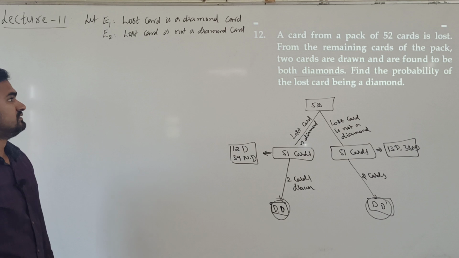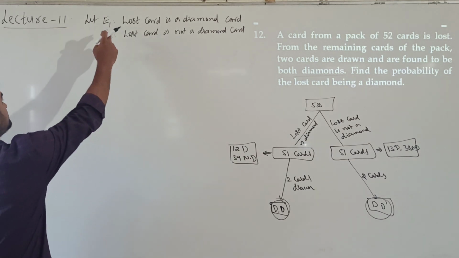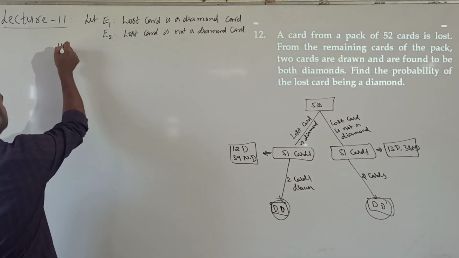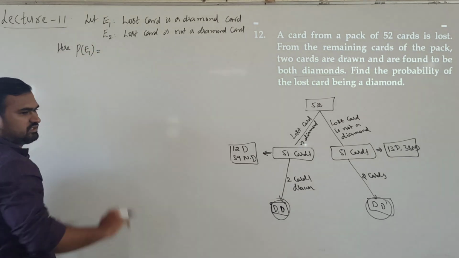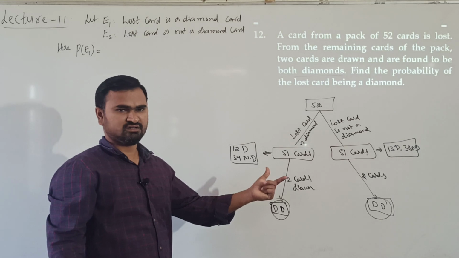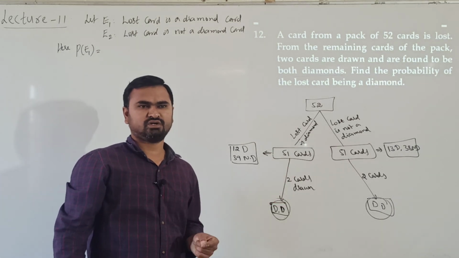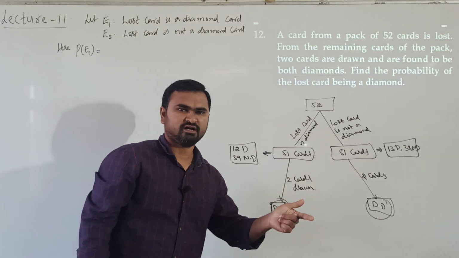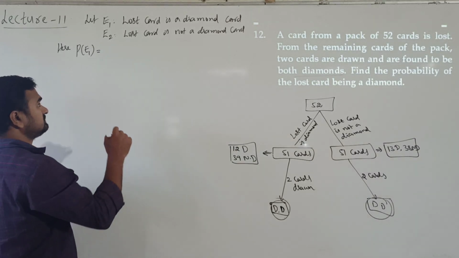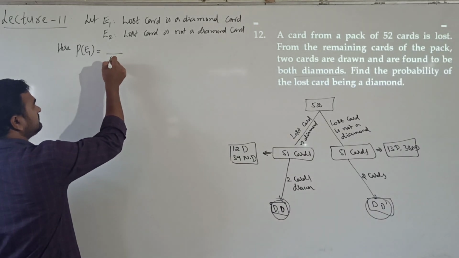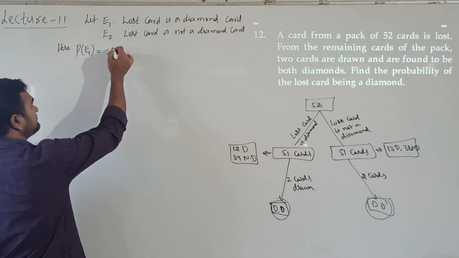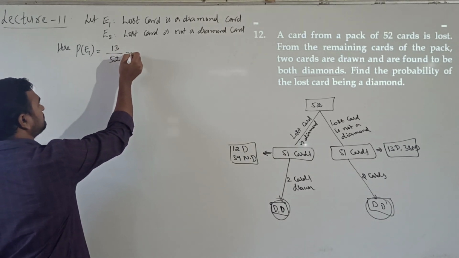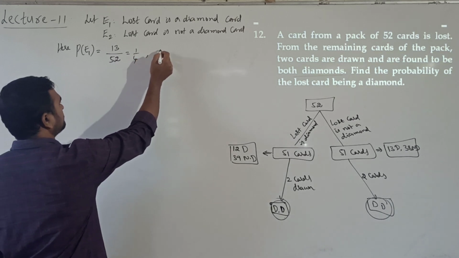Understand? So what are the probabilities of these two events E1, E2? What is P of E1? The last card is a diamond. From 52 cards we select one card, throw it away, and say that it is lost. So what is the probability? Total there are 52 cards. In that how many are diamonds? We are selecting one. So it is 13 by 52, which is 1 by 4.